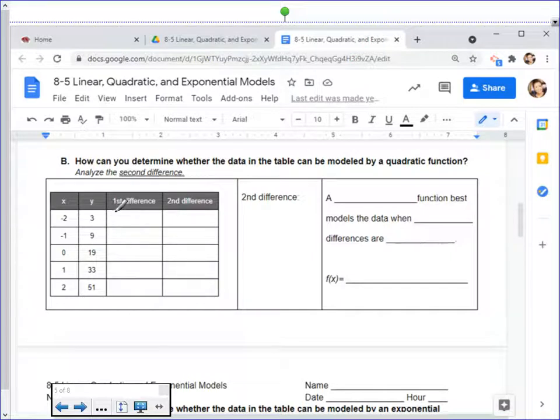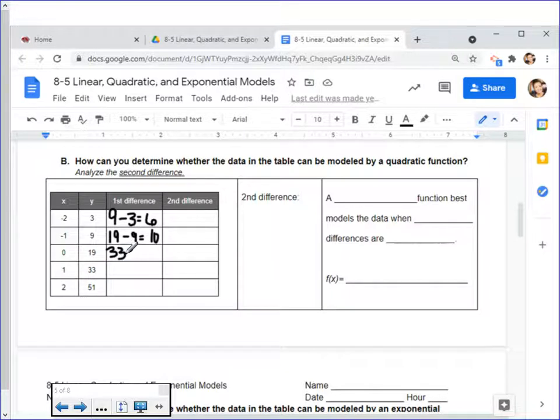So 9 minus 3 is what? 6. 19 minus 9, 10. 33 minus 19 is 14. I wrote it backwards. It is 14. And then the last one is 51 minus 33. And that's 18.